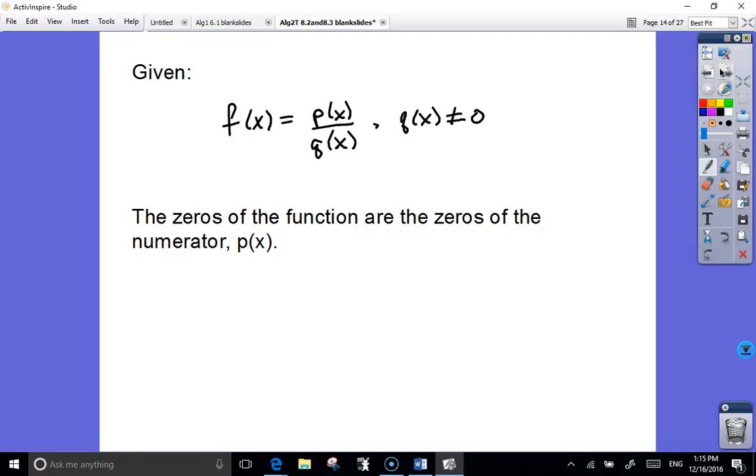That's 5 things. So the zeros of the function are the zeros of the numerator. If you make the numerator of a fraction equal 0, the whole fraction equals 0. That's why.